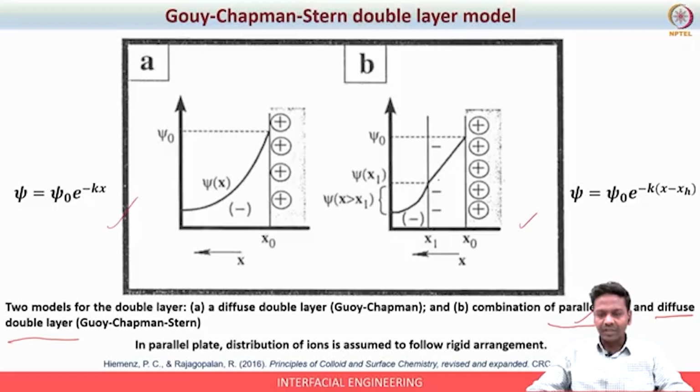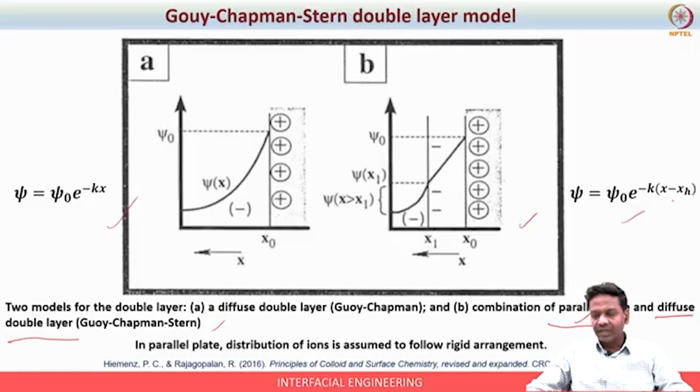So it uses a combination of assumptions, that is, a linear variation right after the charged surface, and then an exponential variation once the diffuse boundary layer starts to occur. Since it is a combination of parallel plate as well as the diffuse layer, we can call this the Gouy-Chapman-Stern layer. In this case, the slight modification made in the equation is that you just have to subtract xh from the distance x.